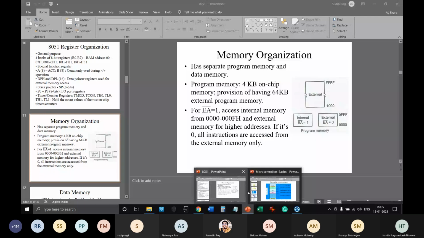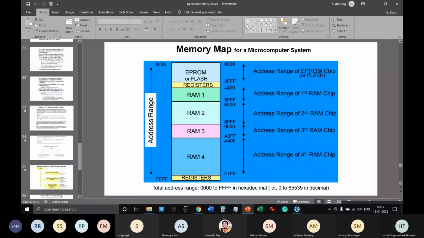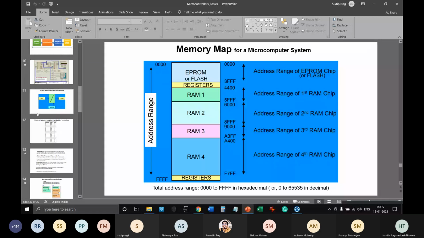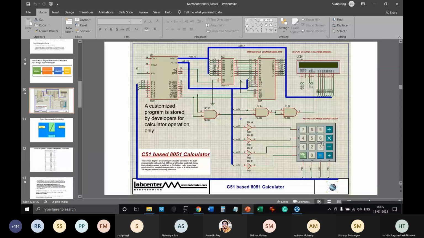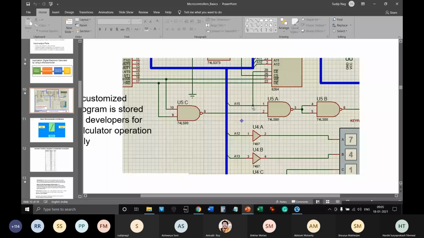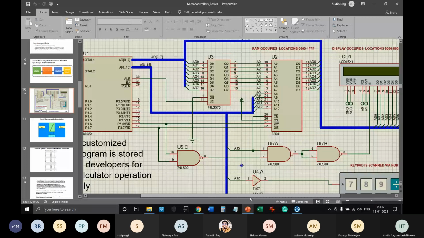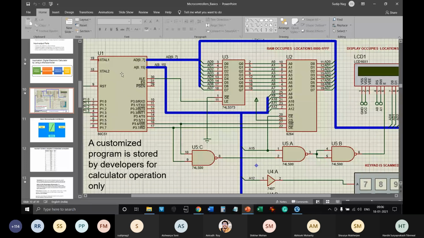Let's go quickly. In this example that we discussed earlier, the microcontroller is U1, whereas U2 is a RAM chip, 6264. This RAM chip is placed outside the microcontroller.